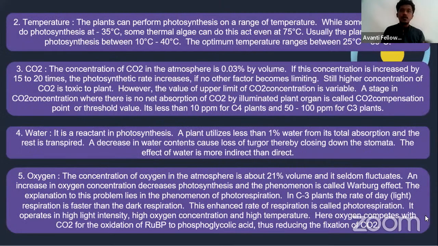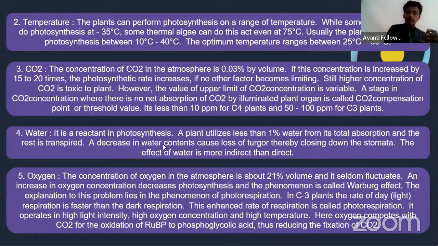If we talk about temperature as a limiting factor, even though plants depend on light for photosynthesis, since this entire thing is a biochemical reaction, temperature becomes a very important factor. Many cryophytes can photosynthesize at minus 35 degrees Celsius.